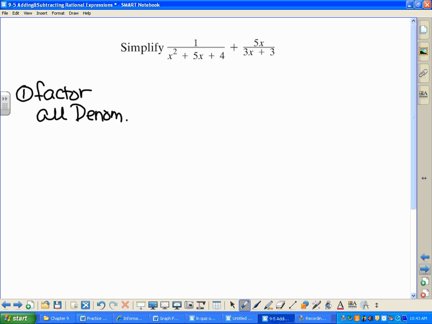Why? Do you remember what I did with the numbers? Remember how I factored them? What did it make very easy to find after they were factored? The least common denominator. It was pretty easy to see which factors were missing from one fraction to the next. So if we factor denominators, I think the same thing's going to happen here. So x squared plus 5x plus 4. Who's got this one?